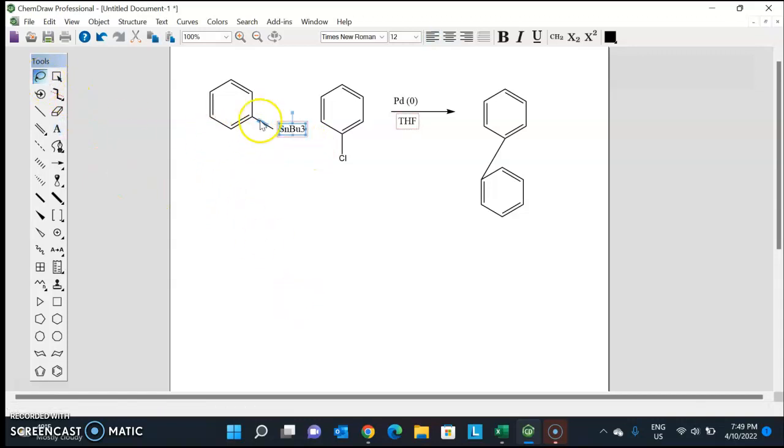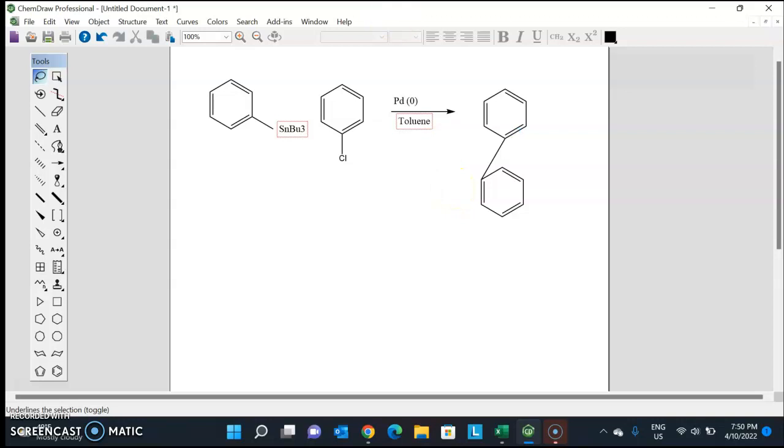So again, use of a metal, and the same thing will end up happening. We use palladium 0. This solvent would actually probably work better as toluene. But yeah, the same general scheme would happen. This carbon and this carbon would form a bond, and it would create this structure here.